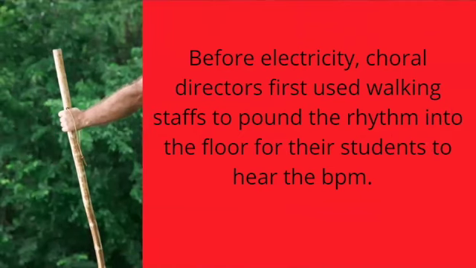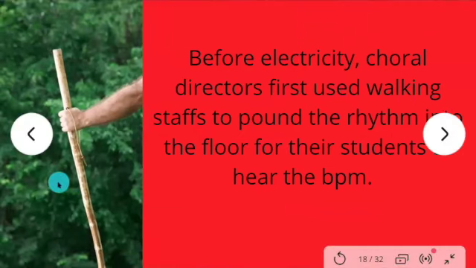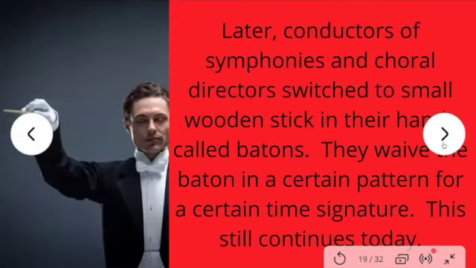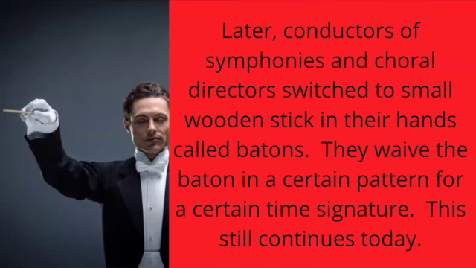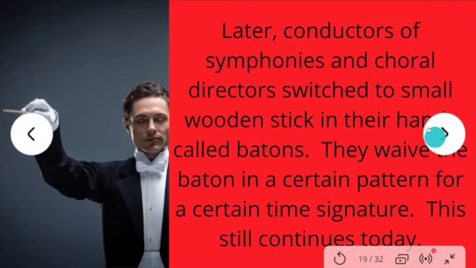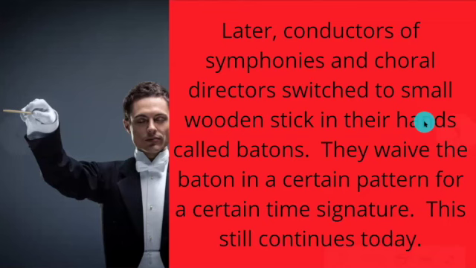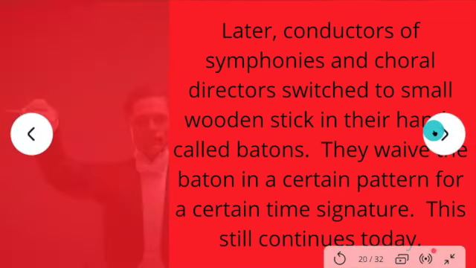Before electricity, choral directors first used walking staffs to pound the rhythm in the floor for their students to hear the BPM. Later, conductors of symphonies and choral directors switched to small wooden sticks in their hands called batons. They waved the baton in a certain pattern for a certain time signature. This still continues today.